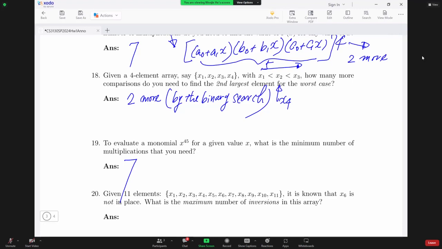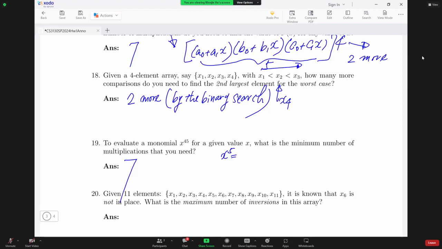Here, let me show you how to use repeated cubing to do better. You should take advantage of that structure. First, we do x to the 5th.